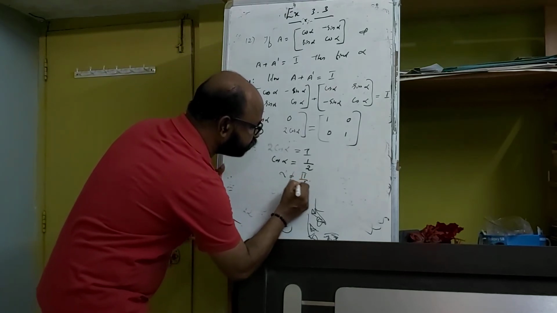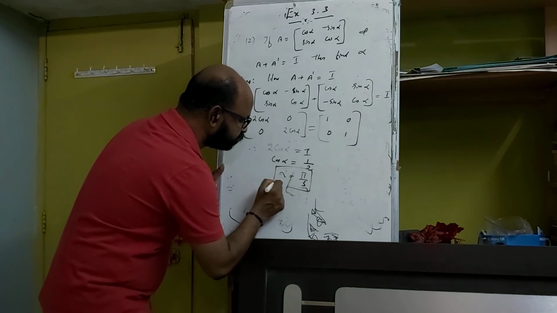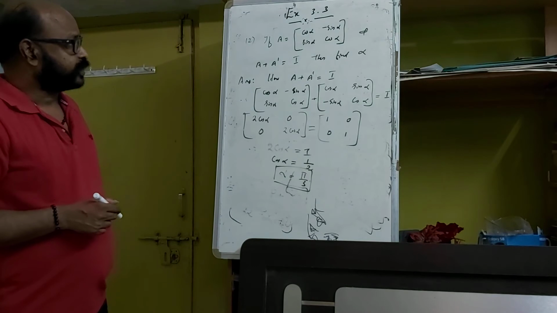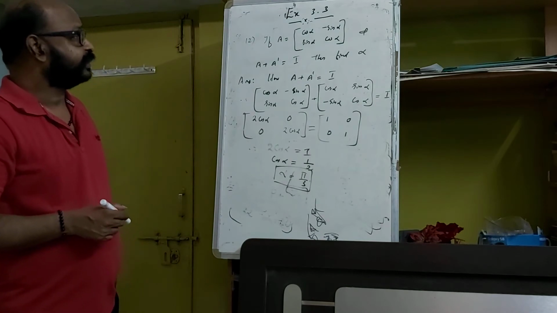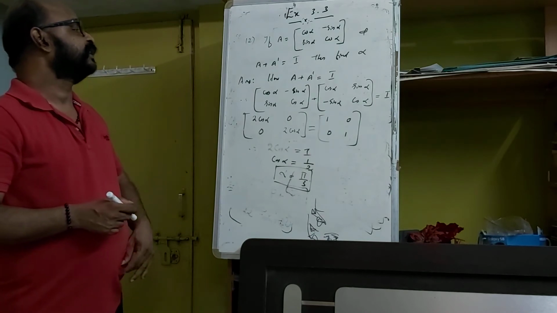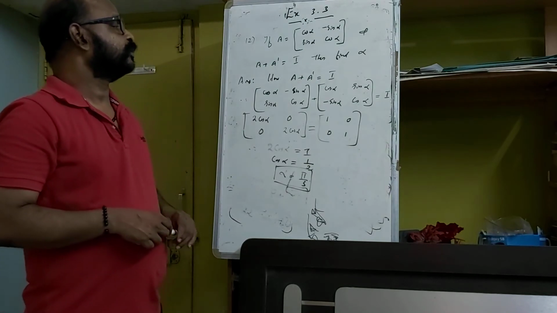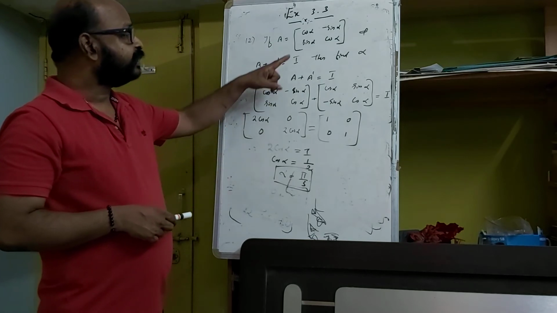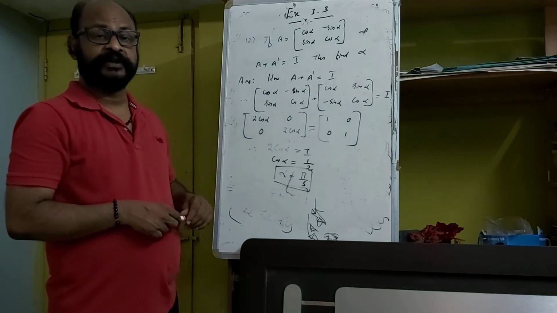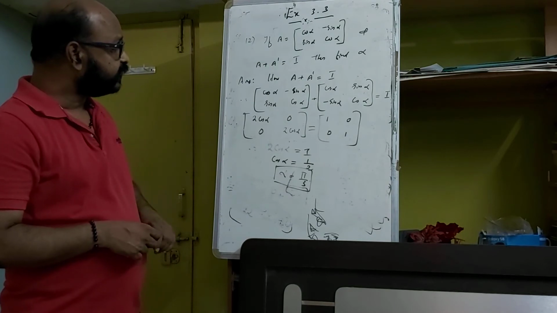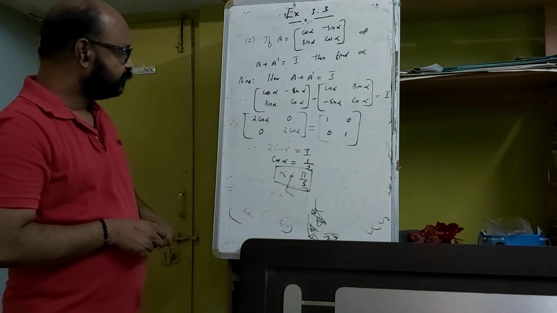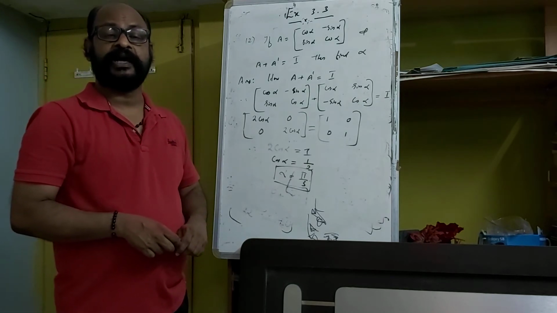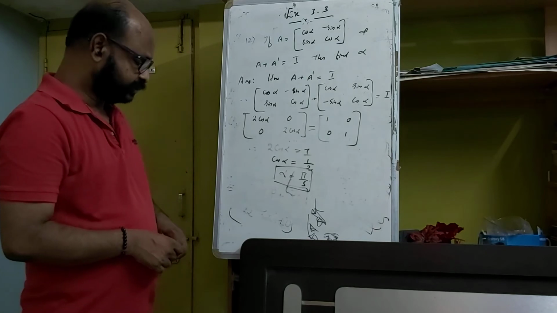So alpha equal to pi by 3. Clear? Okay, so A is given and the condition given is A plus A transpose equal to I. Applying the condition, and taking I as identity matrix of order 2, we come to cos alpha equal to 1 by 2 and correspondingly alpha is equal to pi by 3. Clear?